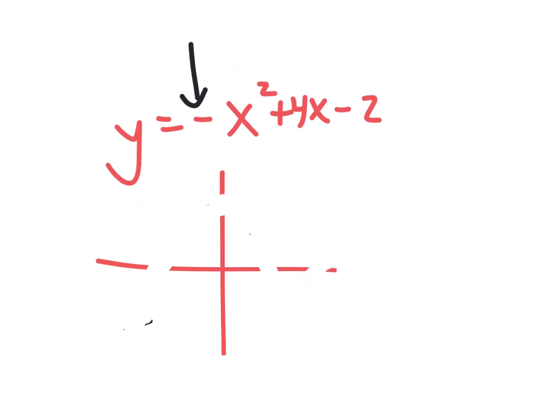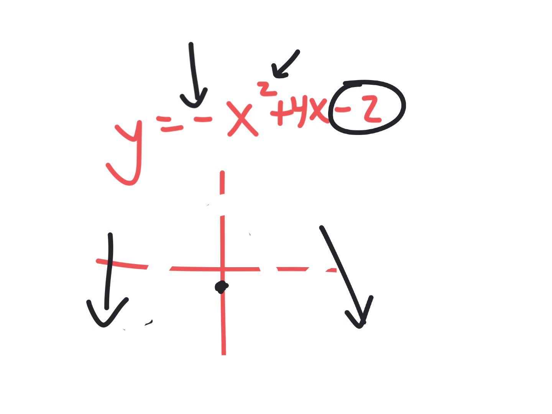Okay, that negative, did you go down on the right because of that? Yay, you win. The negative 2, did you go through negative 2 as a y-intercept? Maybe some of you forgot that. Okay, and then it's even. That means it should be the same on the other end, which means also down over here. Did yours have all those elements in it? Okay, I personally would draw it just like this.